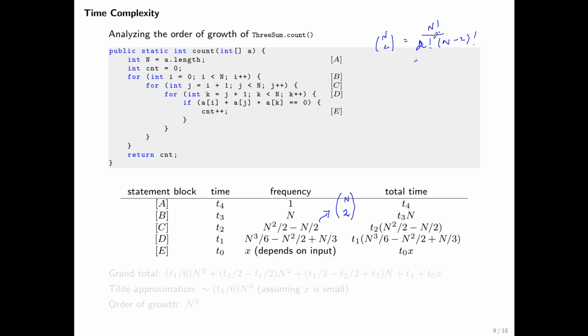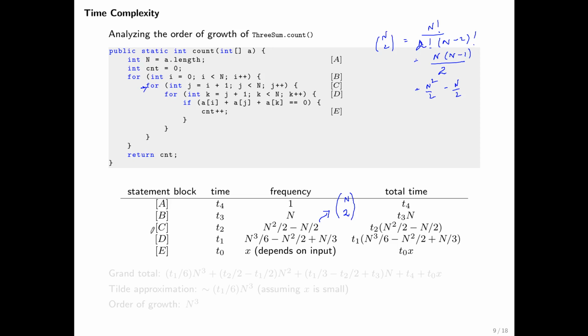But what is this? This is simply n times n minus 1 divided by 2, and that's exactly what we have here, because this can also be written as n square over 2 minus n over 2. So what this second for loop is doing is essentially looking at distinct pairs from n items. That's what we are doing here.